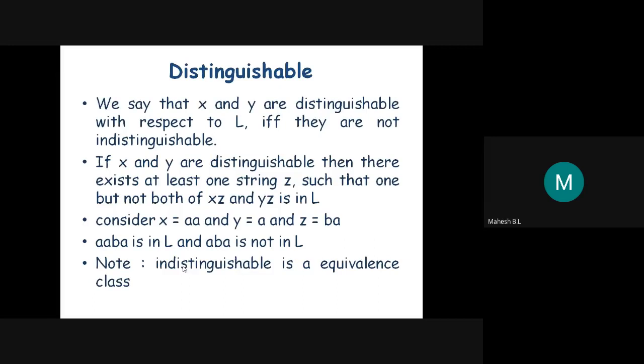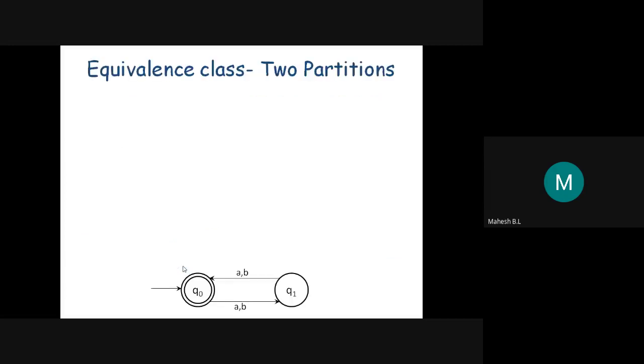So to say that x and y are distinguishable, we consider a third string z and compute xz and yz. If one of them is in L and the other is not in L, then we say that x and y are distinguishable. Okay, that's the definition of indistinguishable and distinguishable.